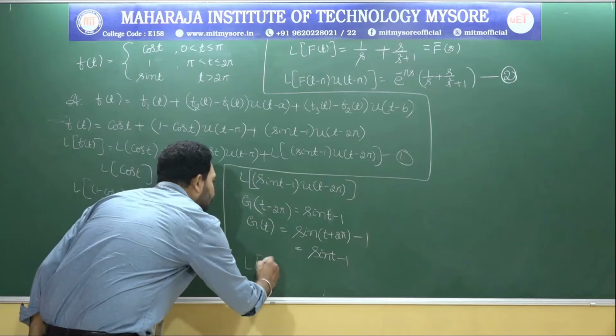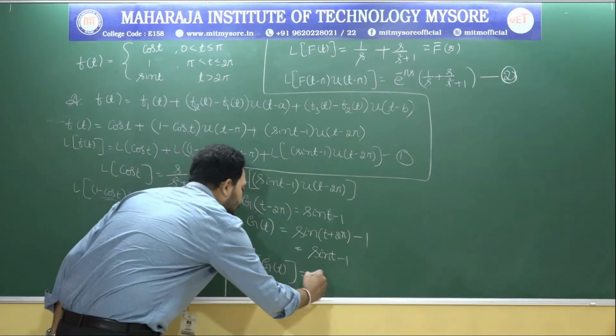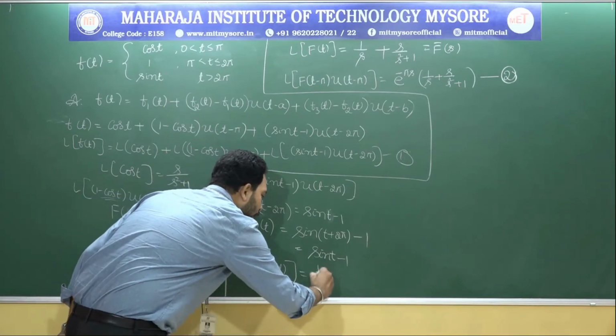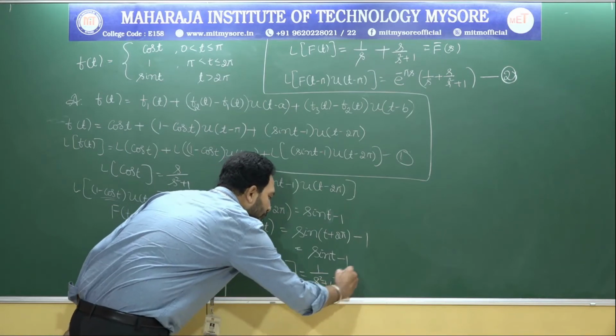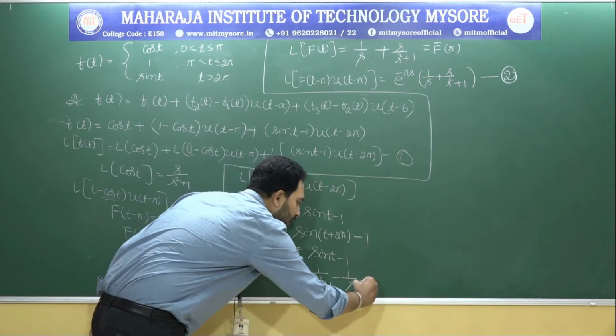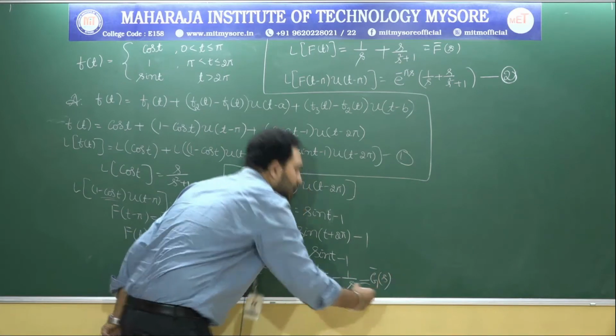Then what is Laplace of g of t? It is 1 over s square plus 1 minus Laplace of 1, which is 1 by s. This is our g bar s.